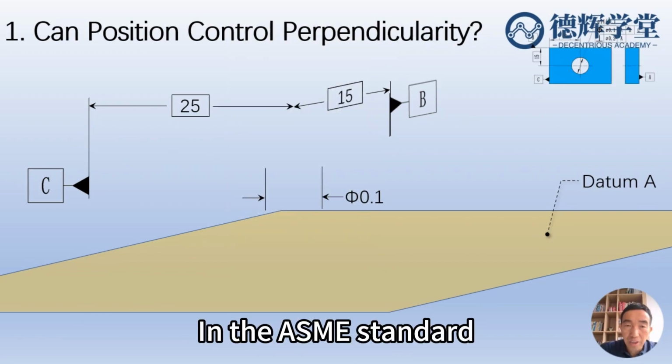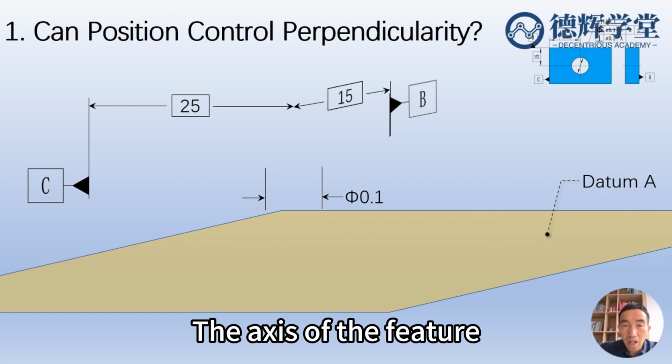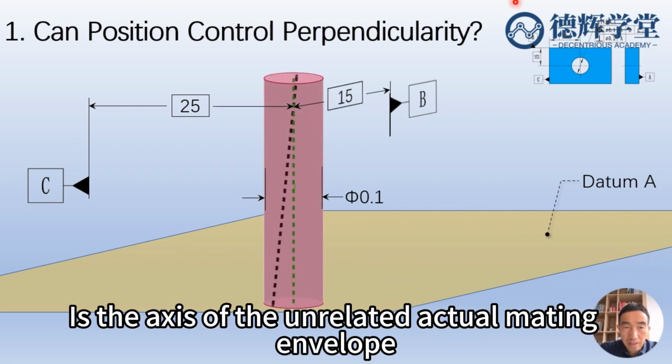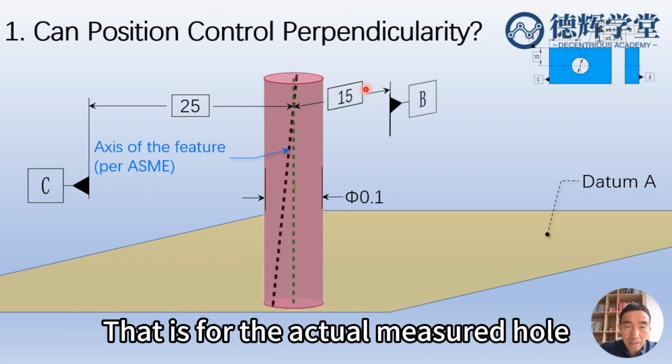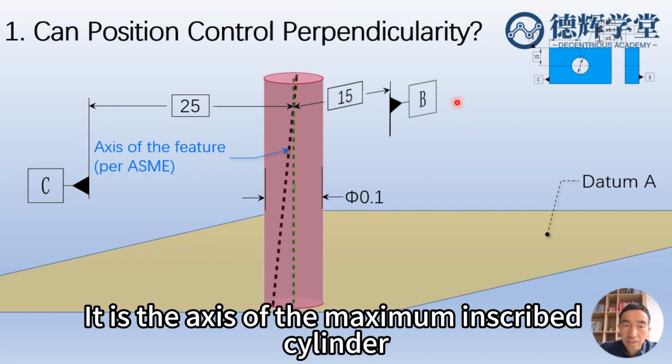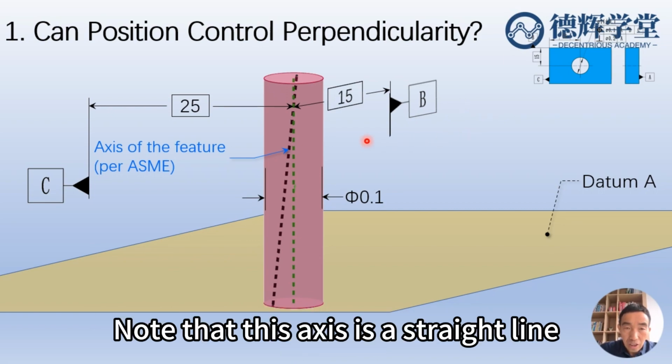In the ASME standard, the axis of the feature is the axis of the unrelated actual mating envelope. That is, for the actual measured hole, it is the axis of the maximum inscribed cylinder. Note that this axis is a straight line.